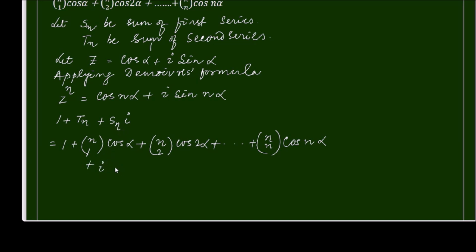Sn is the bracket nC1 sin alpha plus nC2 sin 2 alpha plus last term is nCn sin n times alpha.